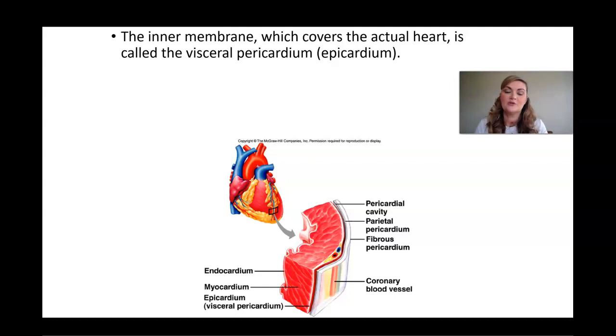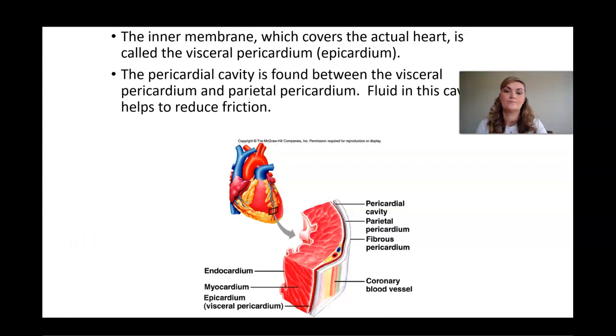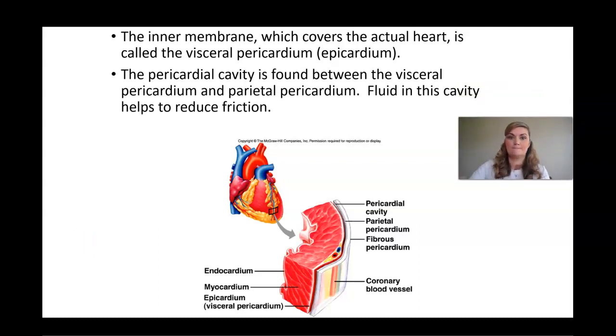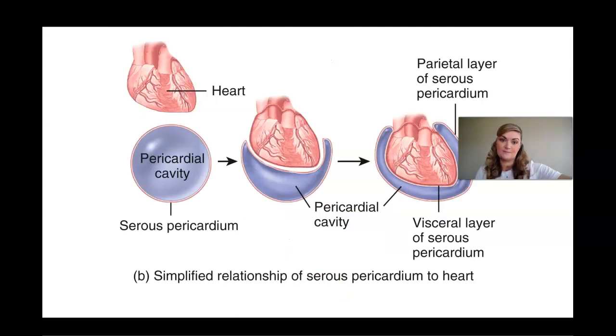Now with that, you have a pericardial cavity. Within that pericardial cavity, you'll find the pericardial fluid, and that's there to help reduce friction. The pericardial cavity is found between the visceral and parietal pericardium, and that fluid, like I just said, is going to reduce that friction as the heart beats.